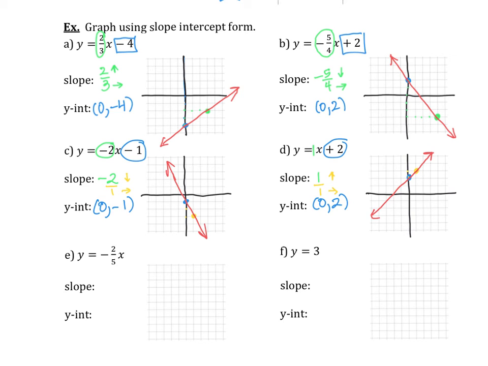Okay, two more because they're a little trickier. Let's look. y = -2/5 x. Negative 2/5 x tells me the slope is negative 2/5. Okay, what's added to the end? There's no number at the end. Since there's no number at the end, my y-intercept is (0, 0). If there's nothing there, nothing is 0.